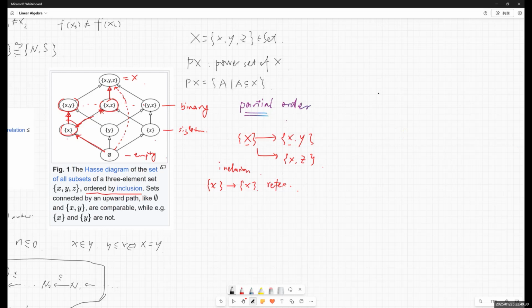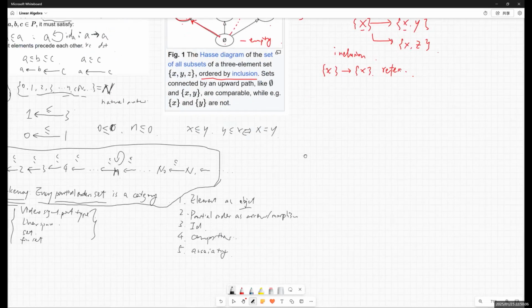And as we have discussed before, if we have two sets X, Y, and the cardinality of X is less equal than that of Y, we can establish an injection from X to Y, denoted by X arrow Y. Right?